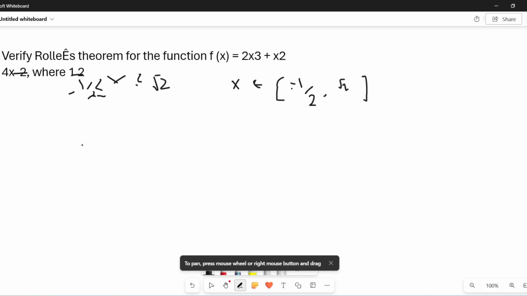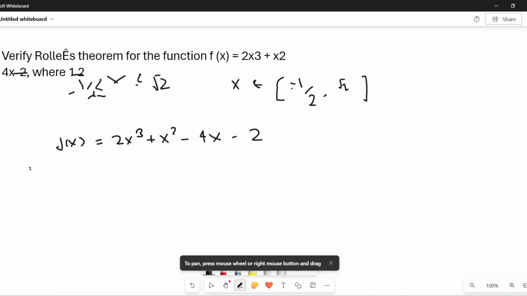First, f(x) equal to 2x cube plus x square minus 4x minus 2. First we check whether the function is continuous in minus 1 by 2 to root 2.